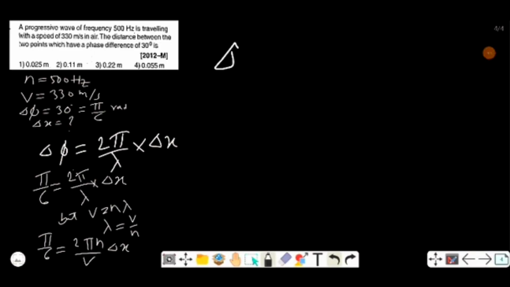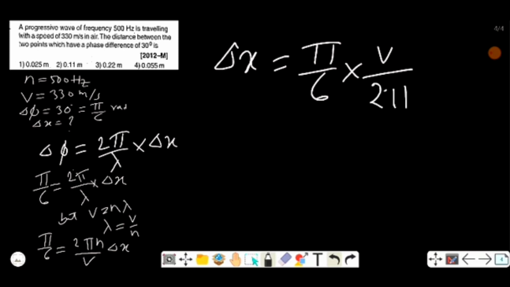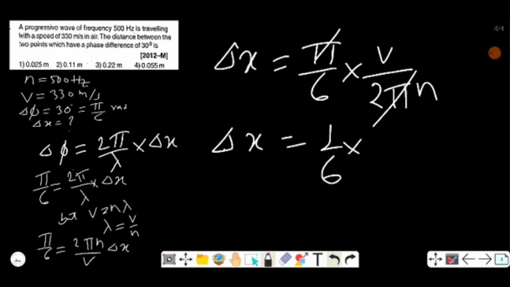The path difference delta x is equal to pi by 6 into v by 2 pi n. So pi gets cancelled, delta x is equal to 1 by 6 into the v value 330 divided by 2 into n value 500.